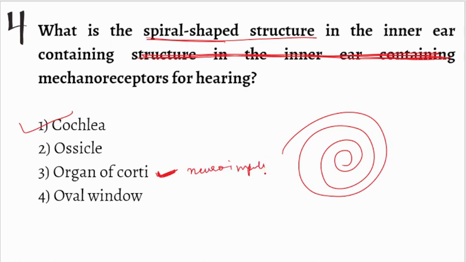Here transduction happens. So there can be times when you are asked a question like, where does transduction happen in hearing? It happens in the hair cells, and the organ of Corti plays a very, very important role in the same. Right, let me change the slide to the next question.